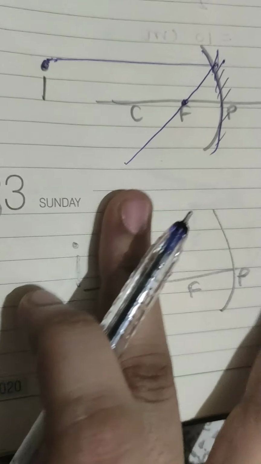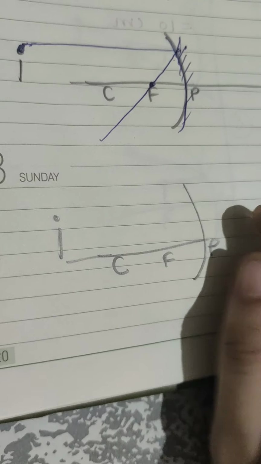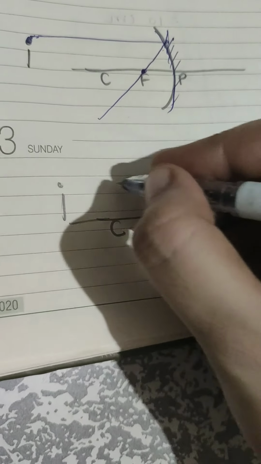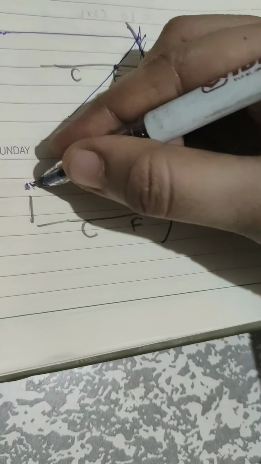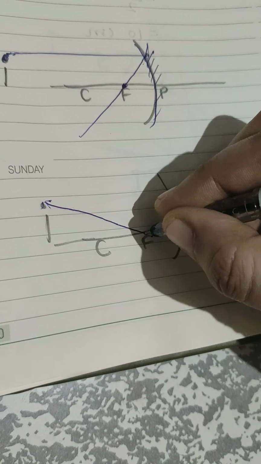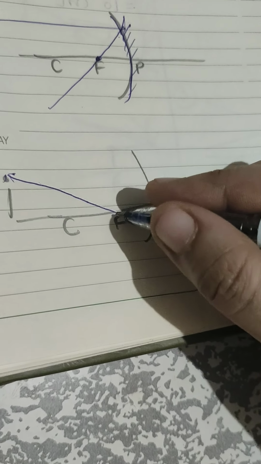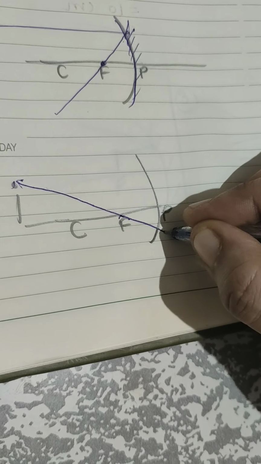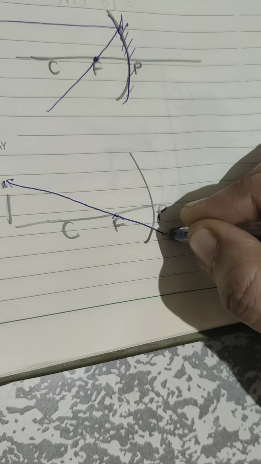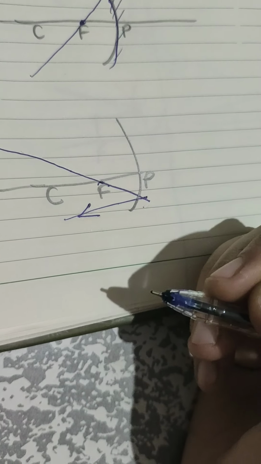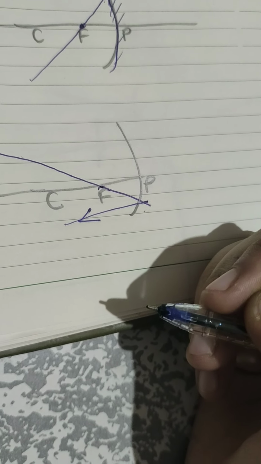Okay students, next is the ray coming through the focus. Now the ray is coming from the focus itself. When a ray comes through the focus, it passes towards the mirror and reflects parallel to the principal axis. What happens in convex?